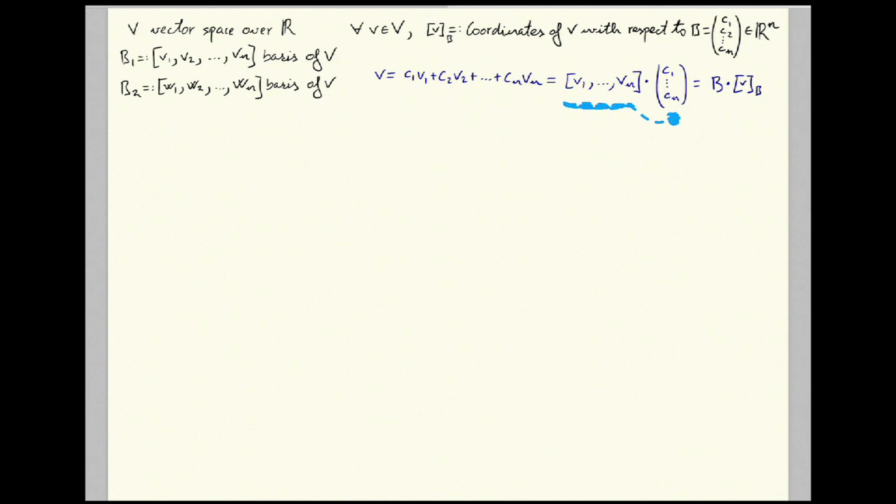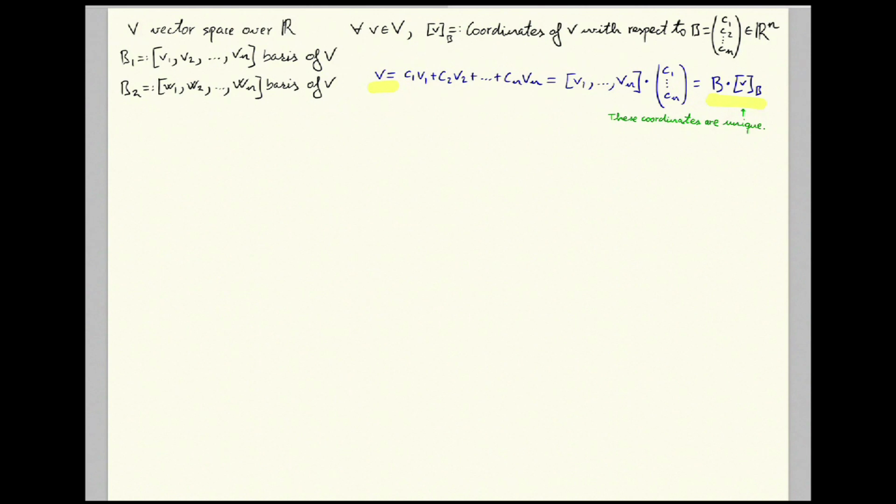And we can simplify this in this way. So from now on, we will say that every vector in the vector space is the base times its coordinates with respect to that base.